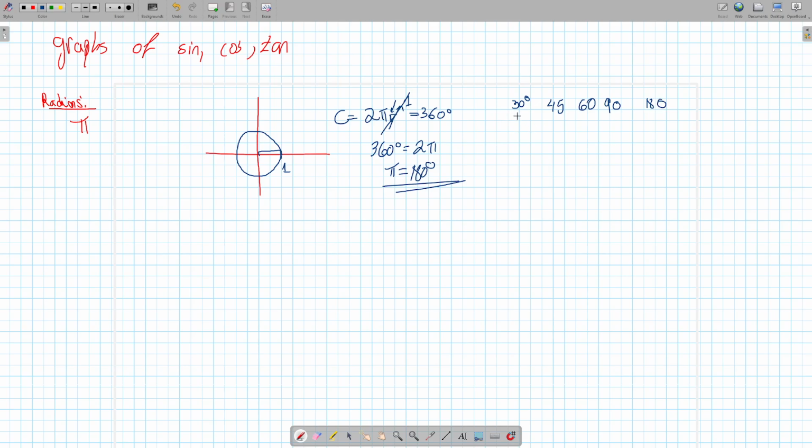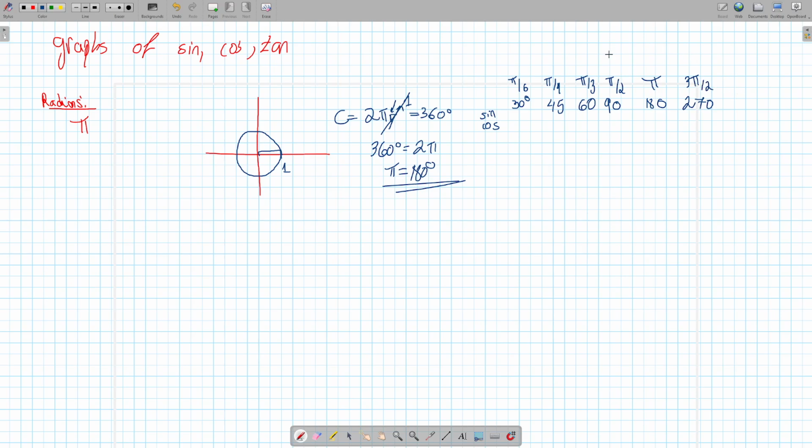30 degrees is pi over 6. 180 divided by 6 is 30. 45 is pi over 4. 60 is pi over 3. 90 is pi over 2. 180 is obviously pi, and 360 is 2 pi. You're going to see stuff like 3 pi over 2, which is 270.